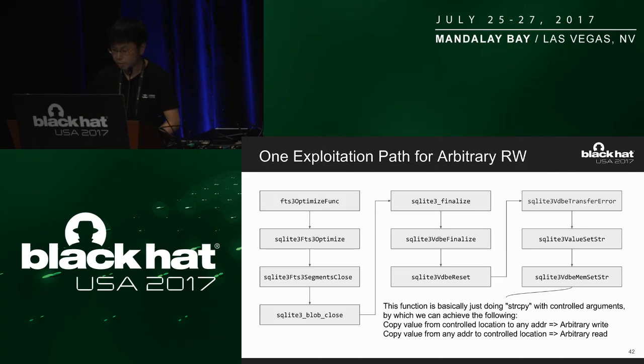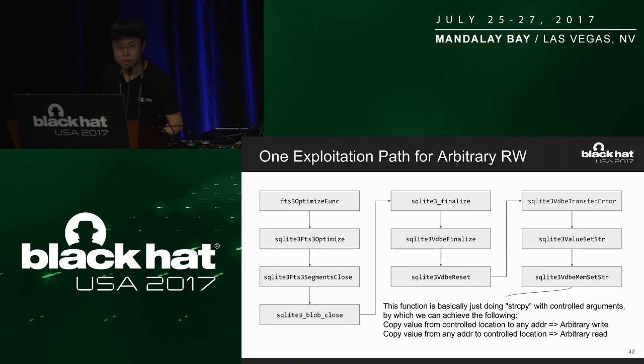So on this diagram, it demonstrates one path for R-Tree rewrite primitive. In the last function, it is SQLite3 VDB mem set string. This function is basically just doing string copy with controlled source and destination.